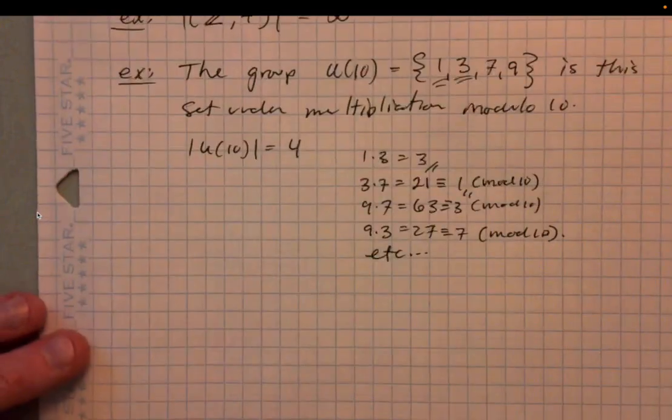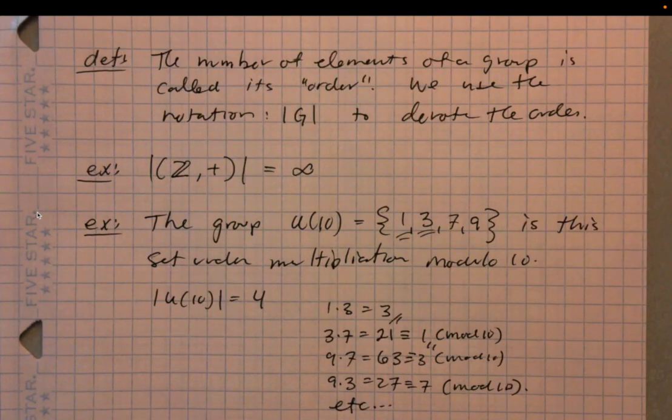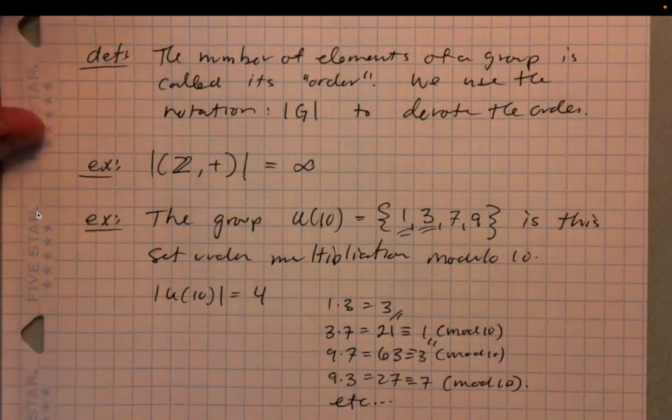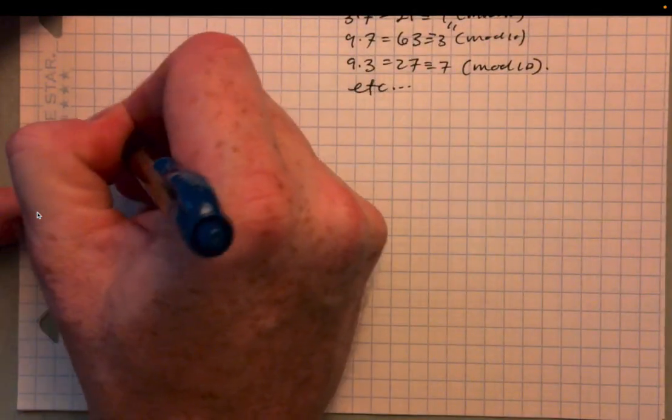Okay, so that's the definition of the order of a group. Now we can also talk about the order of an element of the group. Okay, so another definition that we'll need.